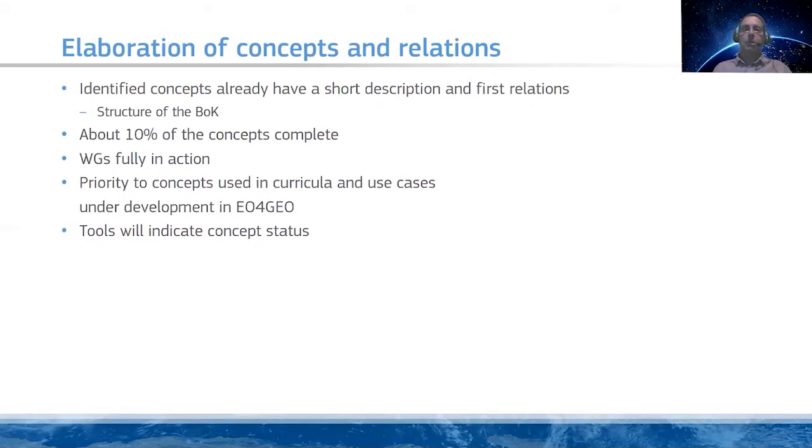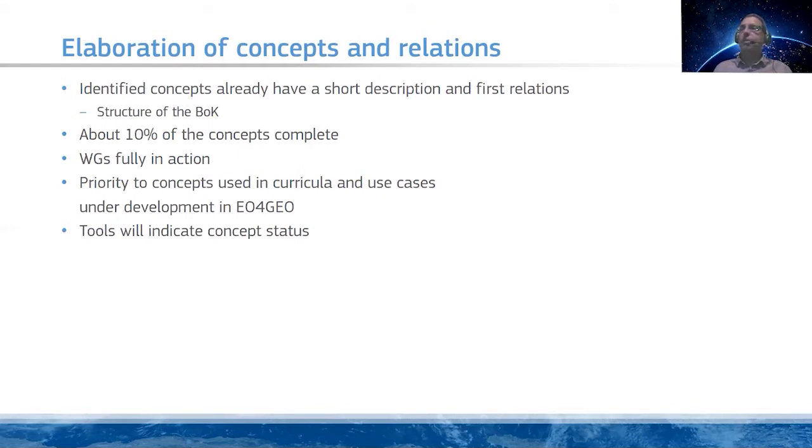And at this moment, because we also want to use the tools for work on curricula and on specific use cases, we give priority to concepts which are used in these use cases or curricula, which are under development in the ER4Geo project.